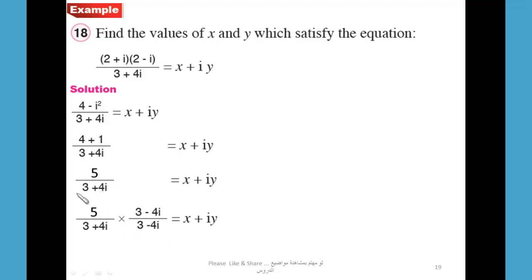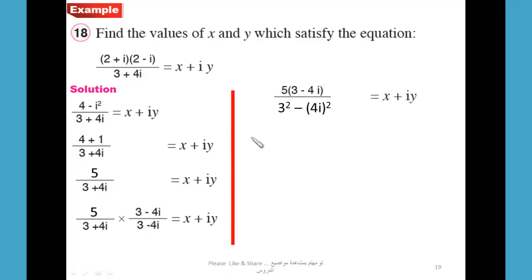Again, to make the denominator a real number, we multiply the whole fraction up and down by the conjugate of this denominator. Don't forget that 3 minus 4i over 3 minus 4i equals 1. So we will not change the value of this fraction by multiplying by 1. We only change its form.